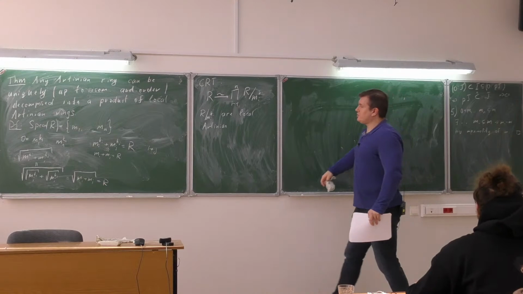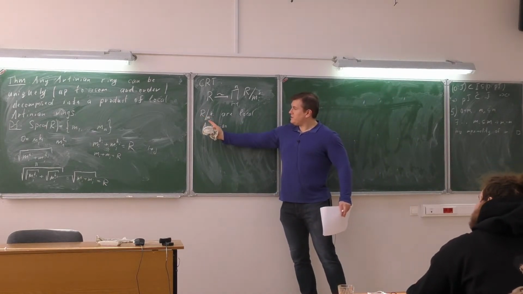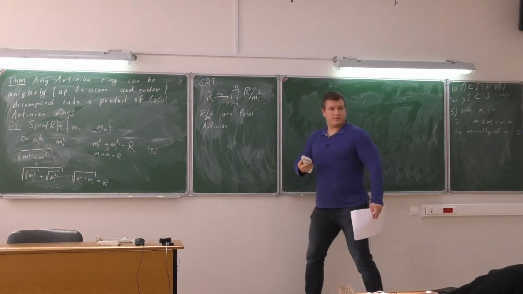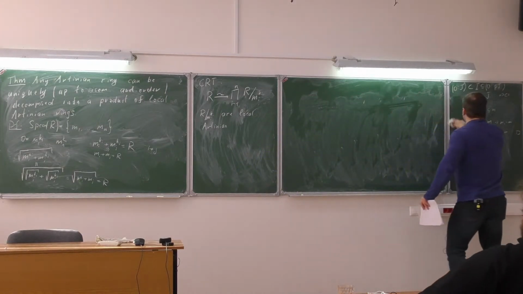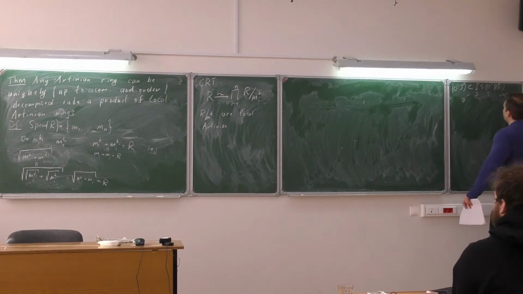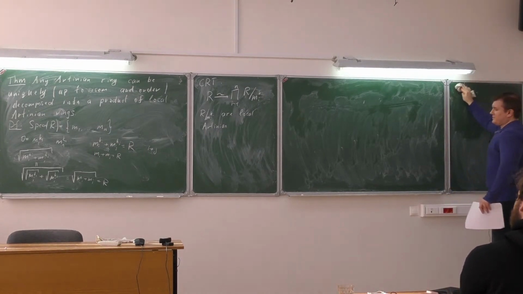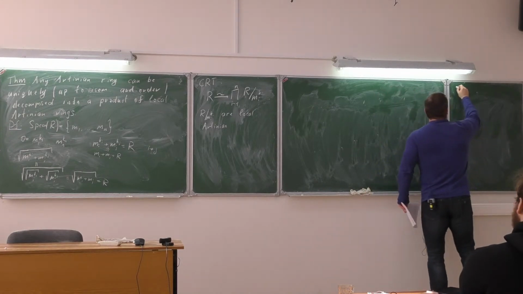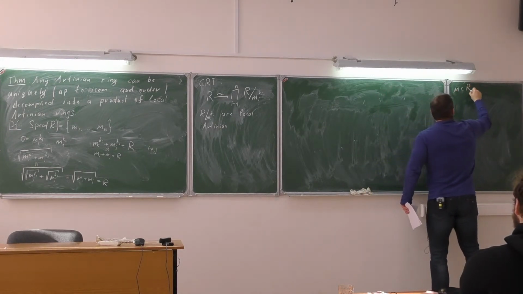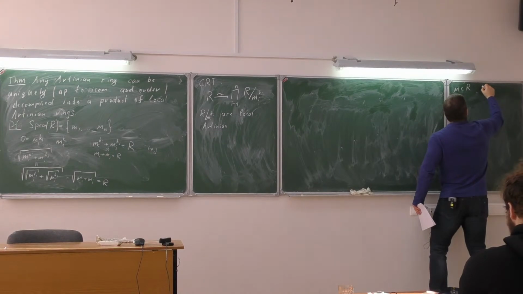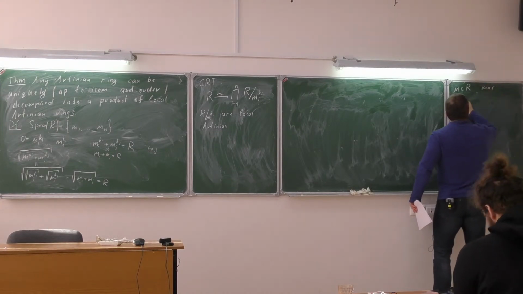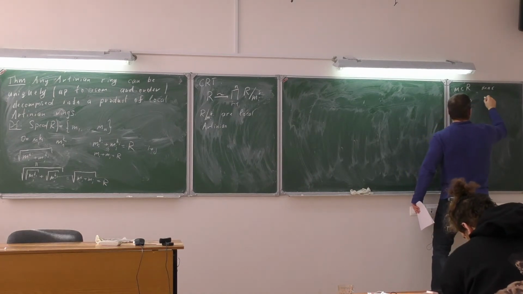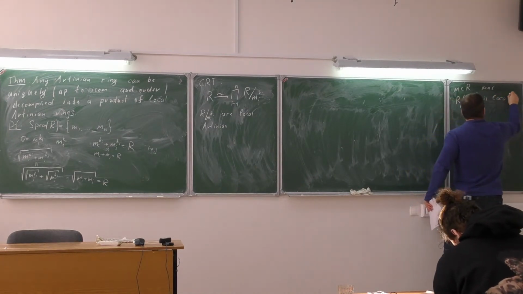Just a general observation: if you take any ring and a maximal ideal, raise this maximal ideal to some power, the quotient is a local ring. Maybe I do this separately as an exercise. M is maximal, and then this quotient is local.